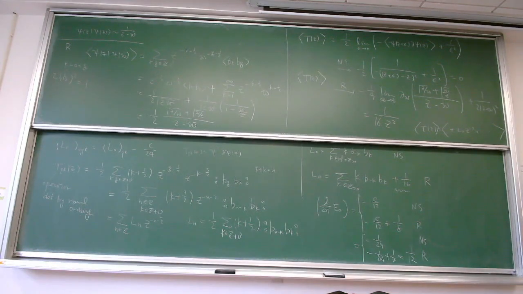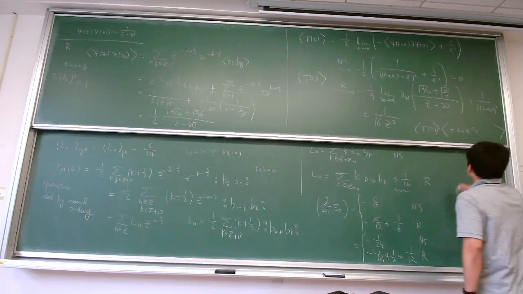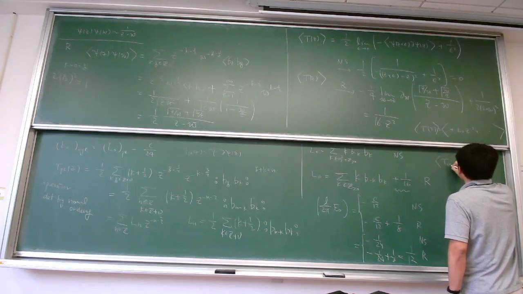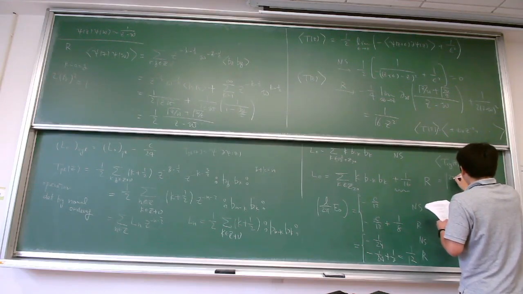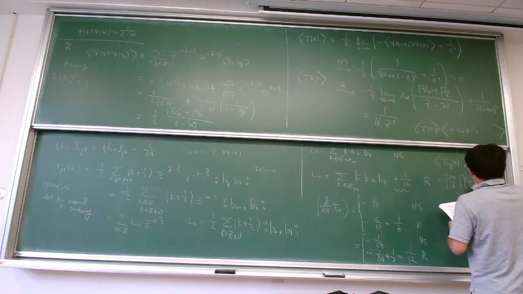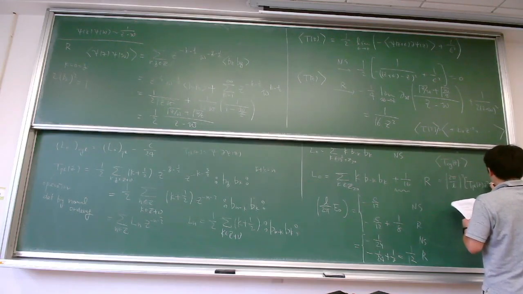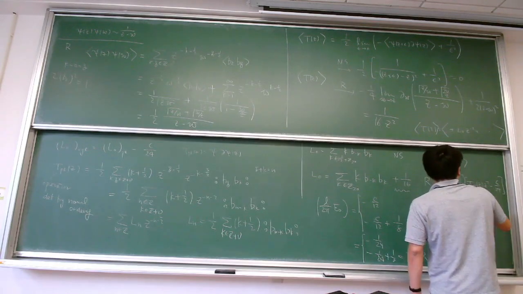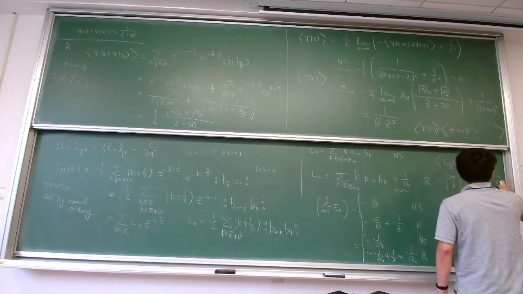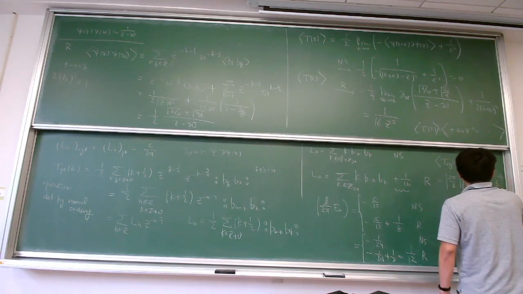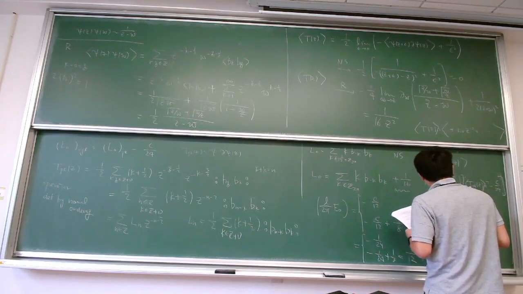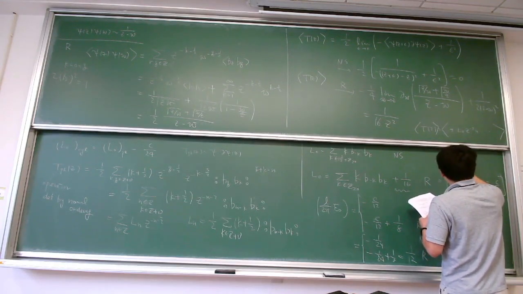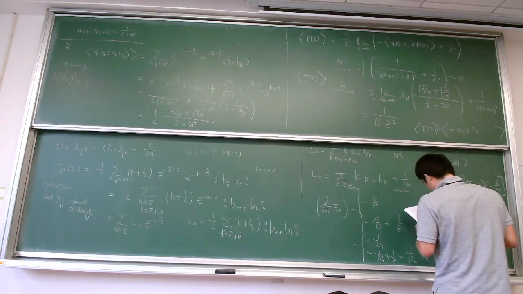Likewise, you can compute the vacuum expectation value of T cylinder of Z by using the conformal transformation. Maybe I should write it down like this, with W. Then you can do the same computation.